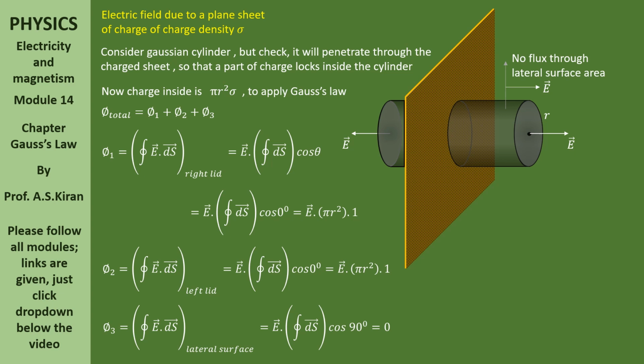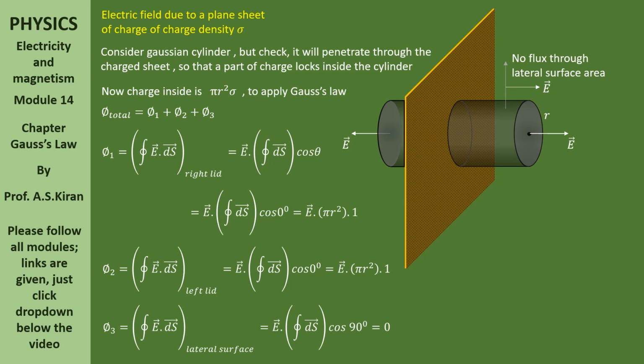Now, through the lateral surface area, is there any flux passing through it? No, there is no flux. Not a single line of electricity is passing through the lateral surface area. So flux 3 is equals to 0, because the lateral surface area vector is along the surface but perpendicular to the electric field.